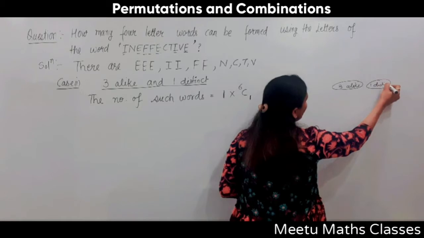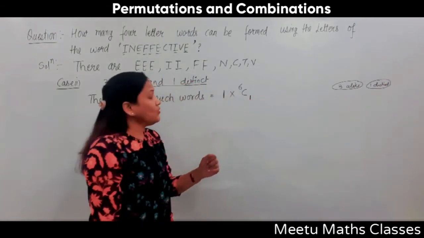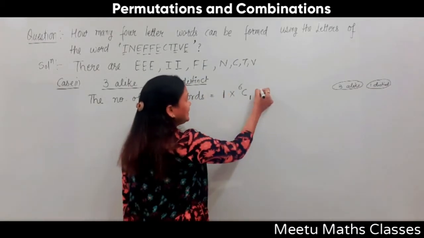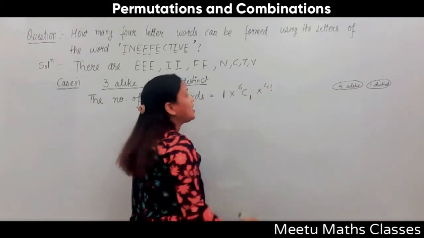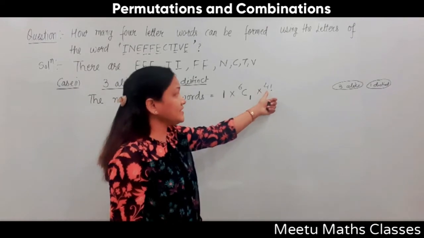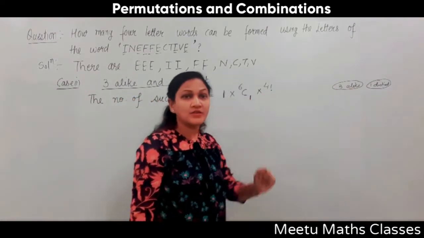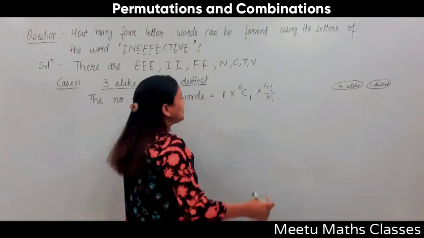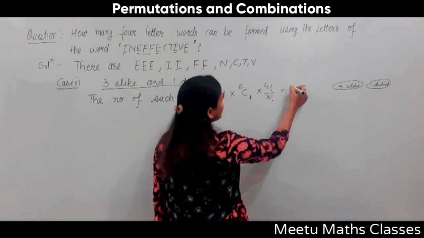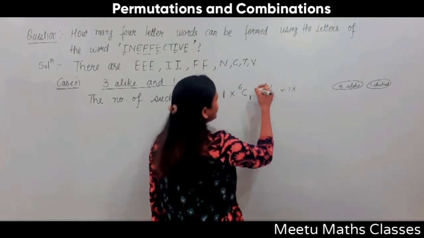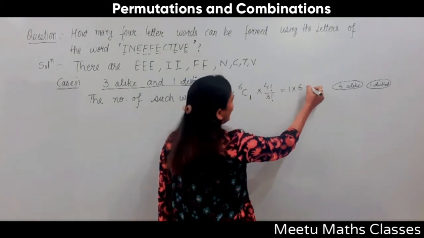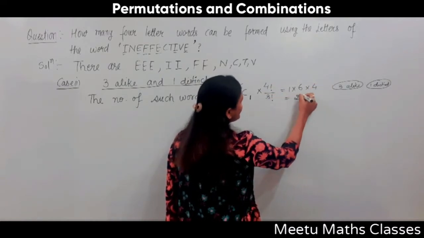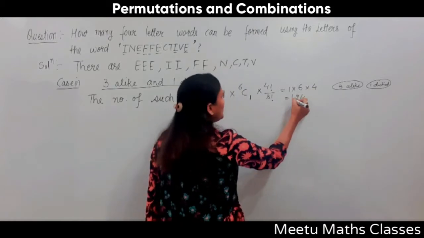Now our purpose is to arrange them. If you arrange these 4 letters, it can be done in 4 factorial ways, but in these 4 letters 3 are alike, so we divide by 3 factorial. So it will come 1 into 6C1 is 6, and 4 factorial upon 3 factorial is 4. That is 24 such words are possible.